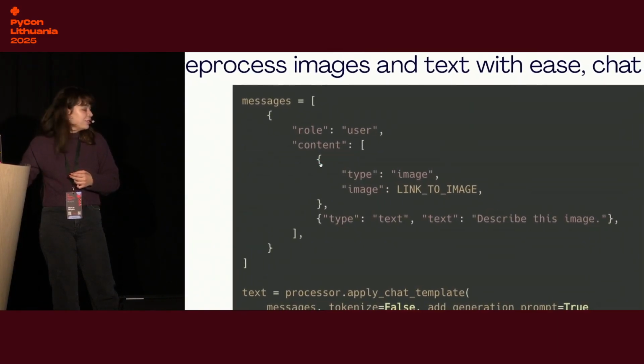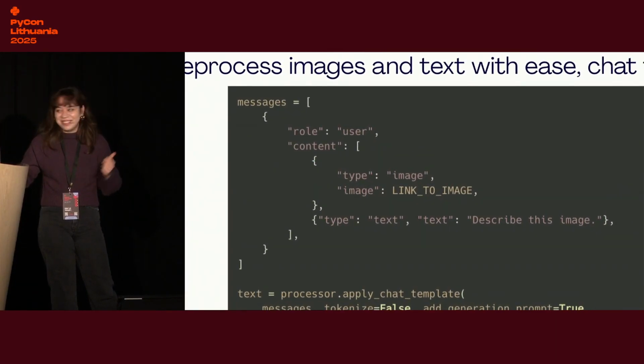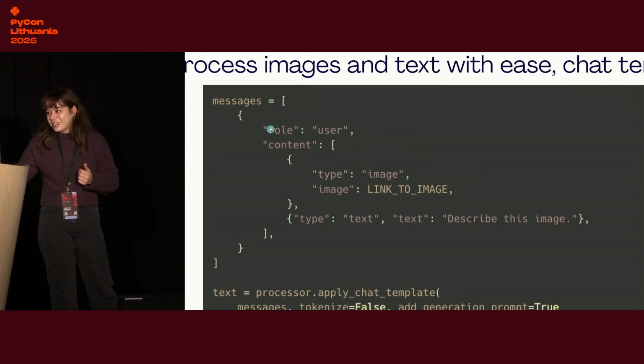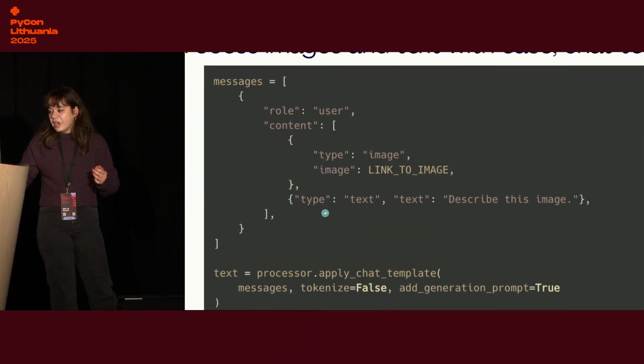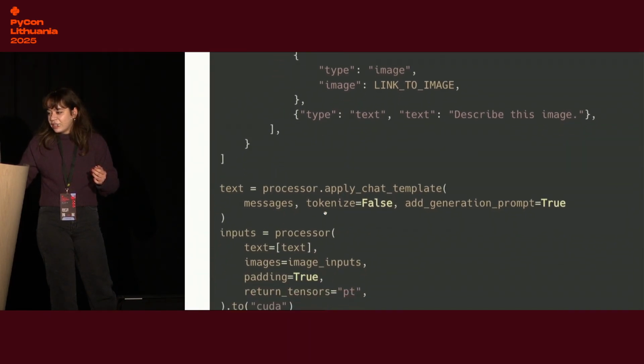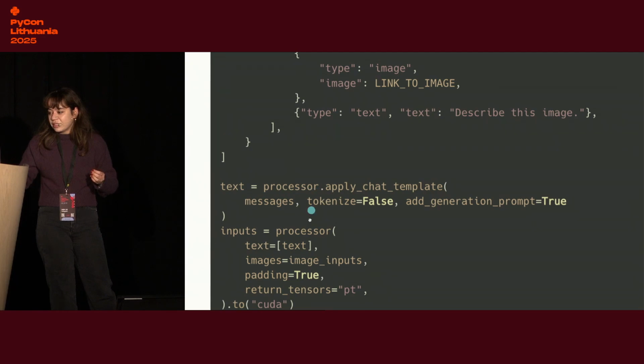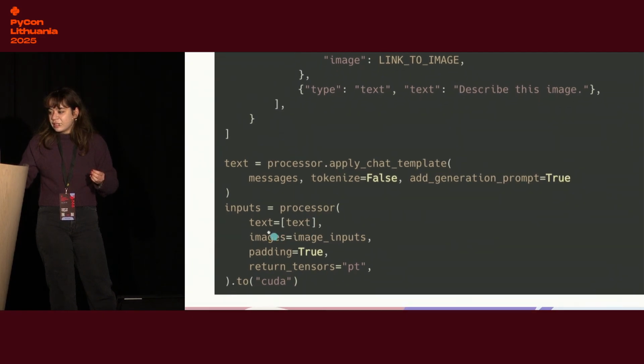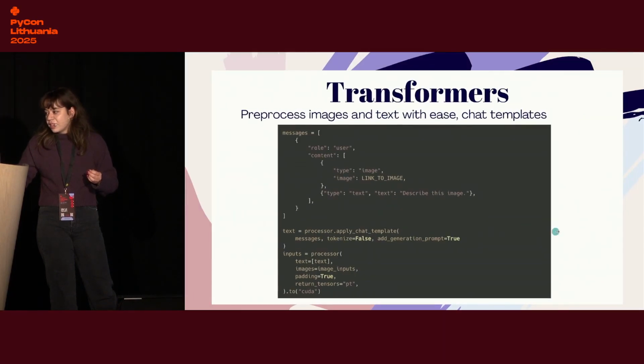Let me zoom in because some people are taking an image of the slide. So basically, you give the chat template, like how you would do with other model providers. Then you apply the chat template using the processor, and you process the inputs, the chat-templated text, along with images, and then you just pass it to the model.